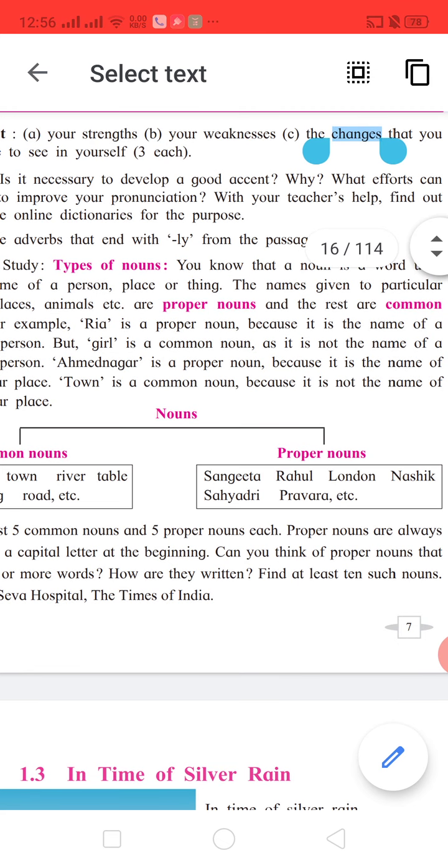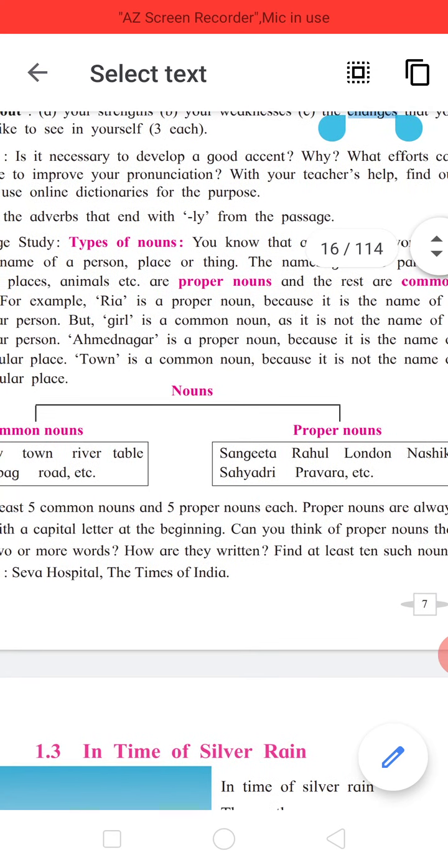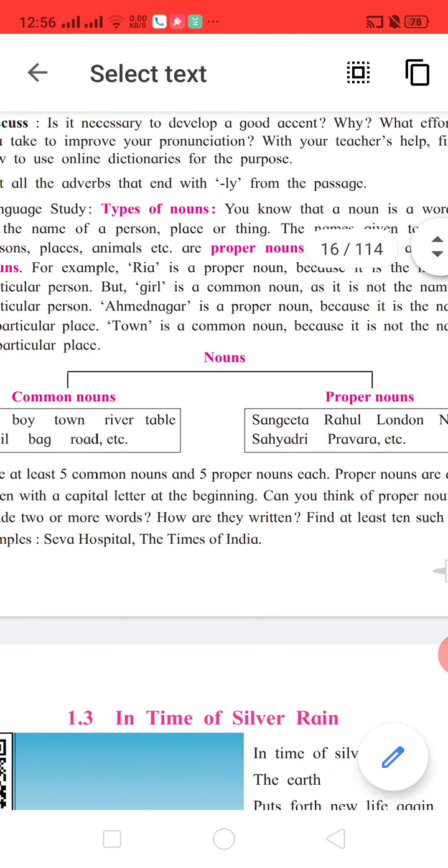For example, if I say Riya is a smart girl, here I have specified the name of a particular girl, Riya. So Riya will be a proper noun.